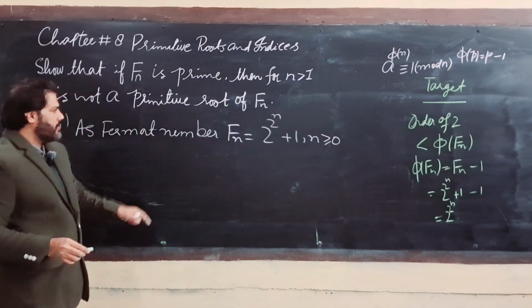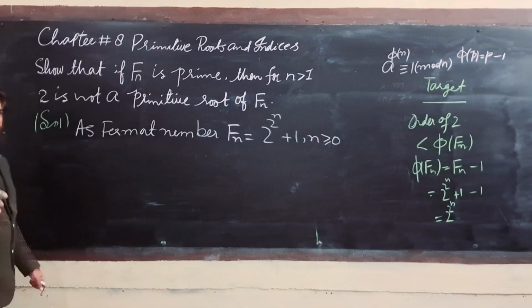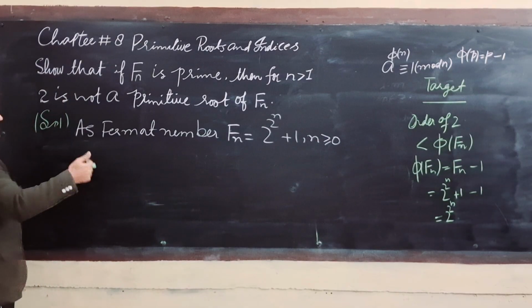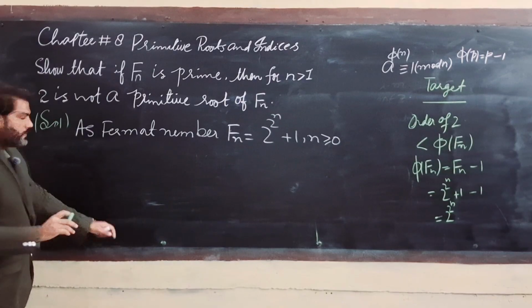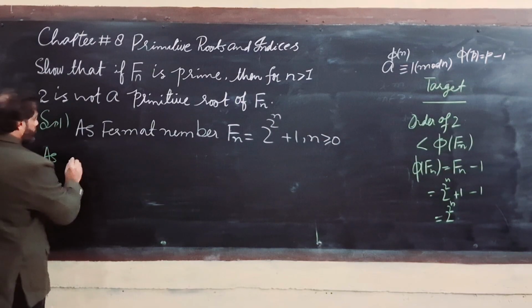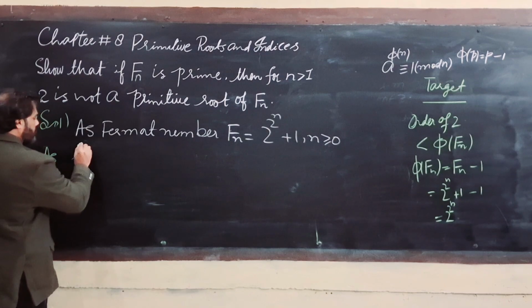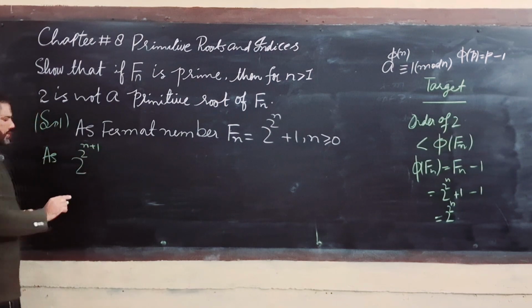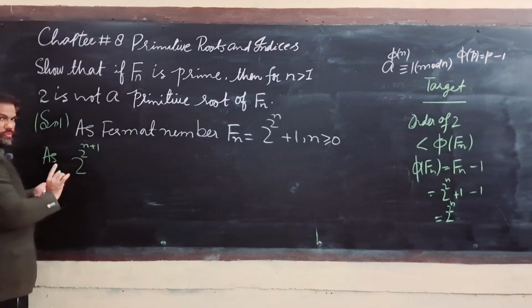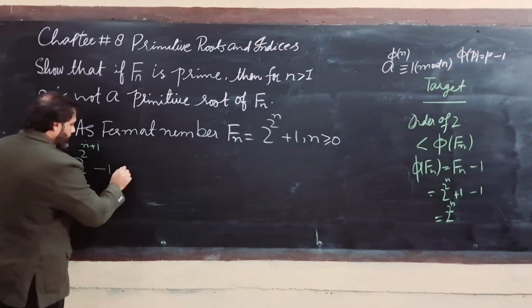As a Fermat number can be defined, here I will use just an identity that is actually the keybone of this theorem: 2 raised to power 2 raised to power n plus 1, the base is 2 and the power is 2 raised to power n plus 1, minus 1.